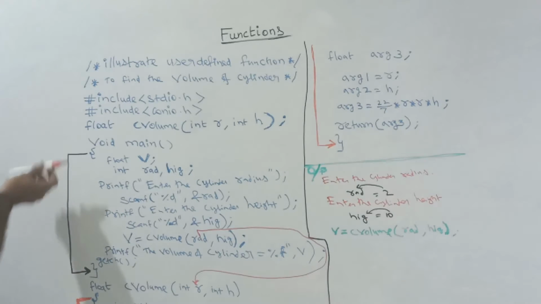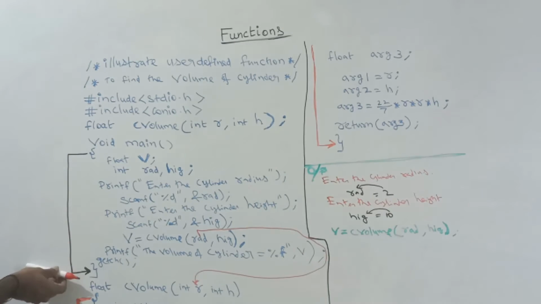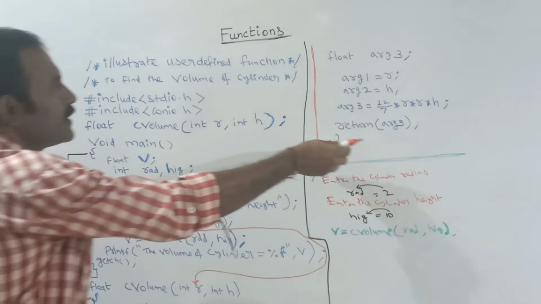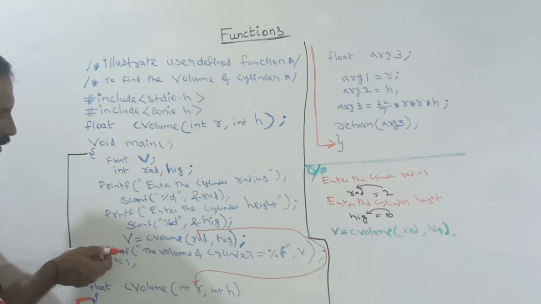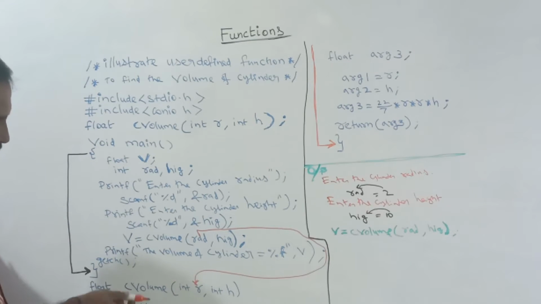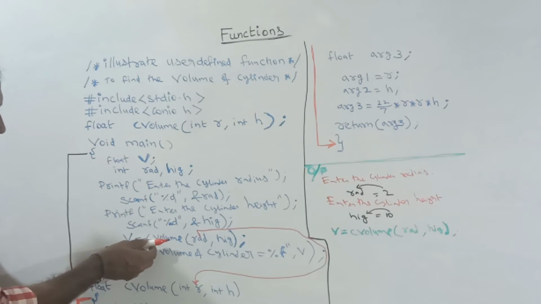See, I have completed the main here. Up to this only is the main part. From here to here is the user defined function, whose name is C volume. In the main function only, I am calling this outside function, that is the user defined function C volume.